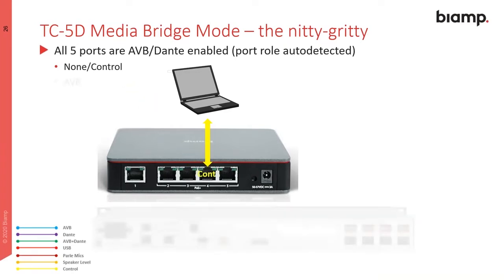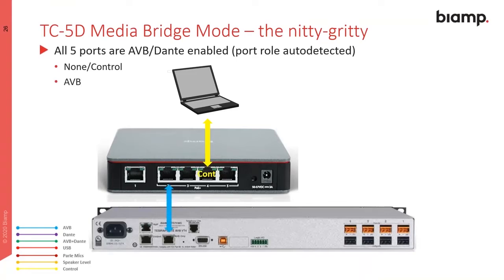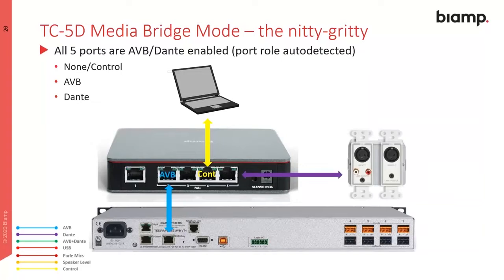If you have an AVB port, so let's say you have an AVB VT4, once you connect it to port 1, for instance, the TC5D is smart enough to know that this is AVB traffic. And once you have, for example, a Dante microphone, you will connect it to the system, and it will automatically also configure this as a Dante flow into your system. So you don't really care that you need to plug the device in a specific location.